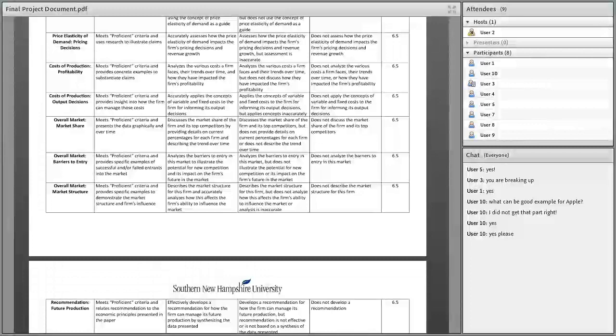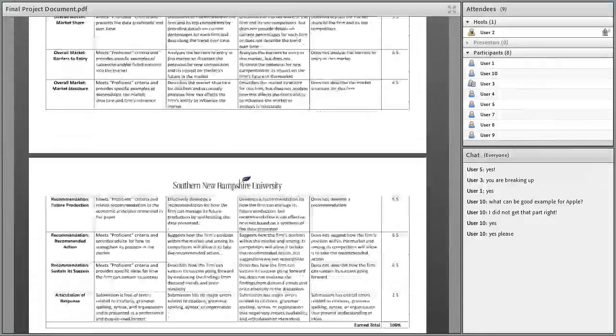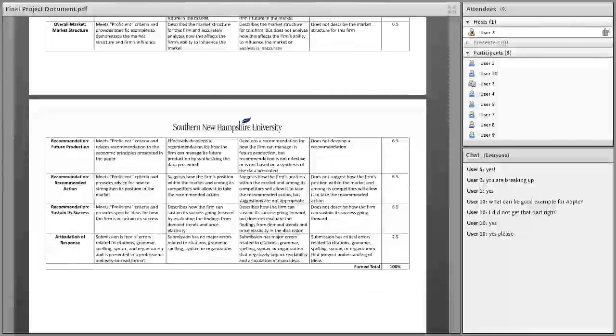Once you've gone over the main body, you have your recommendations. To be exemplary in your recommendations, the most important thing is to apply economic principles. If you made a recommendation for a firm on how to move forward in the future, then what are you basing that recommendation on?